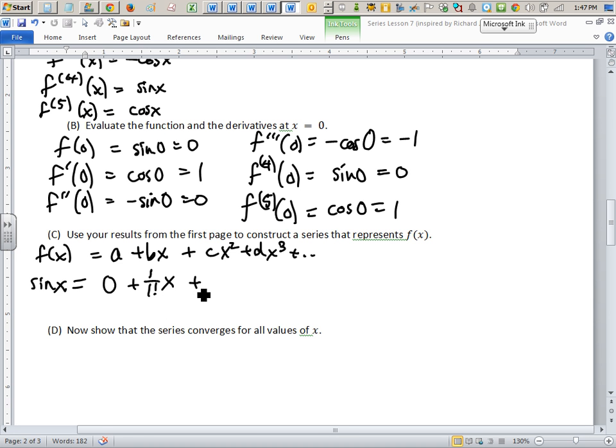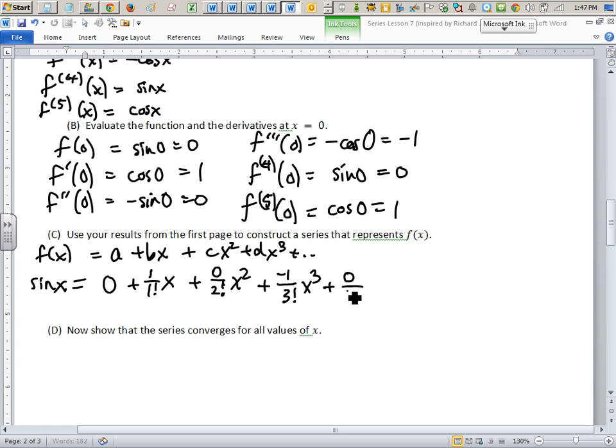Next would be cx squared, which is going to be the second derivative over 2 factorial, x squared. The third term would be the third derivative over 3 factorial, x cubed, and so on. So let's fill in a few more terms.